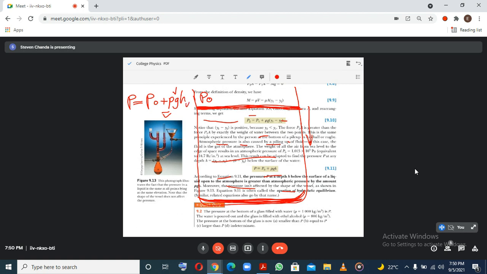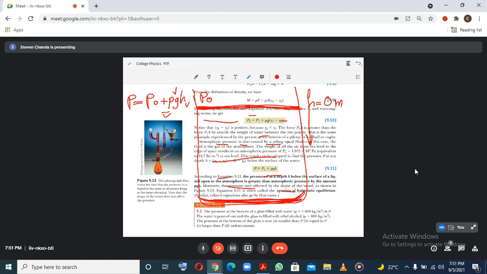Then the height, of course: where there is gravity, you always have to take into account the height, because it gives us the range and by how much the impact of gravity is going to be. The surface is h equals 0 meters, because remember we are going downwards.